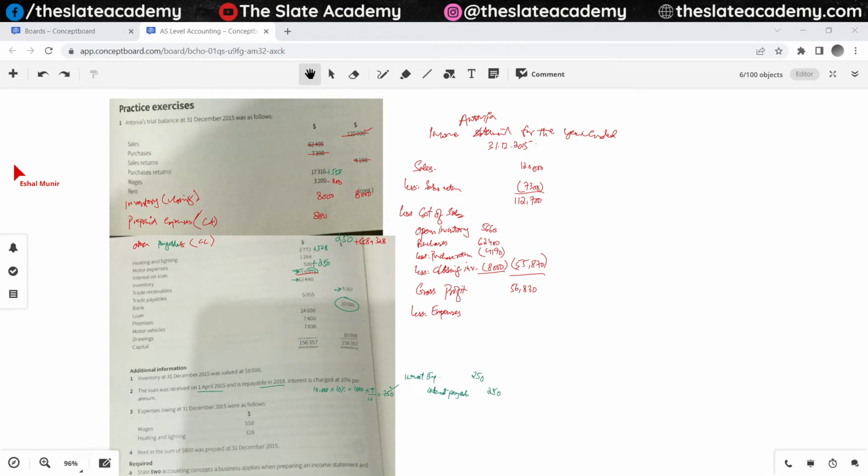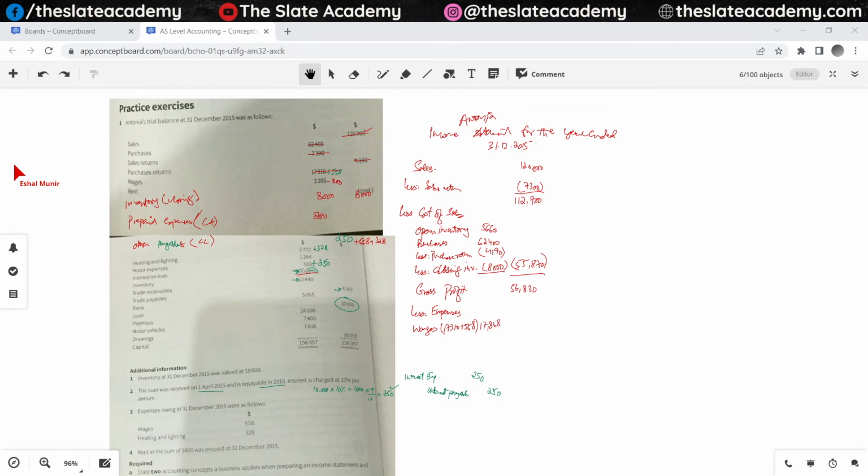For expenses we have wages. What is the amount for wages? It is 17,310 plus 558. This turns out to be 17,868.